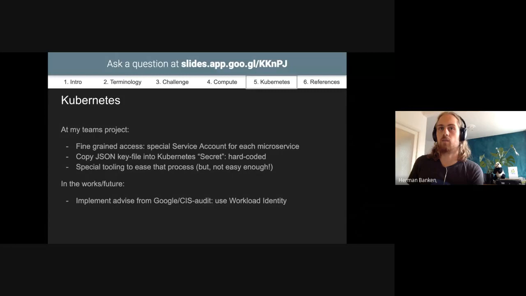So it's actually quite bad if it's leaked. You can revoke it and you can create a new one, but noticing that it's leaked is hard. So Google advised us, and generally advises everyone via the Cloud Information Security Audit, I think the acronym is, to use workload identity.